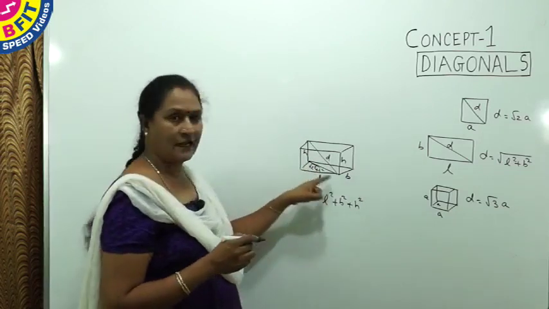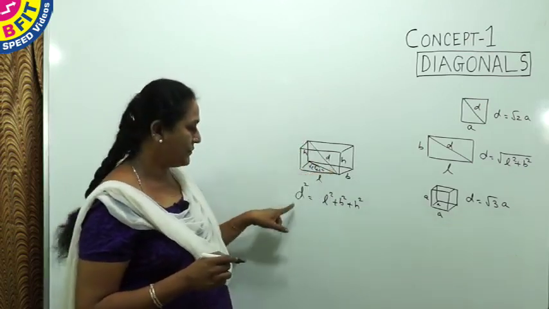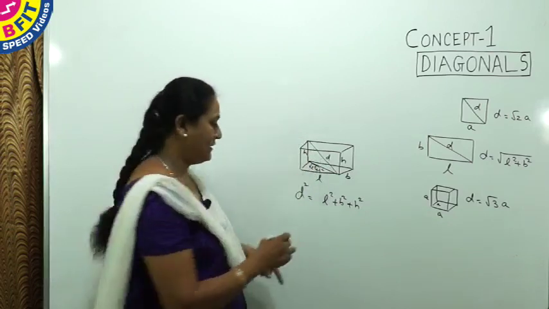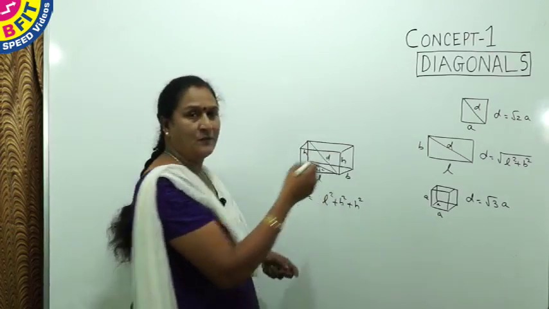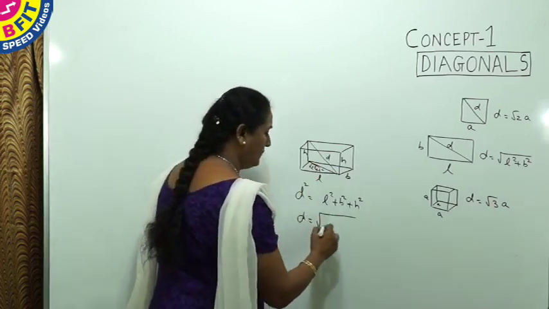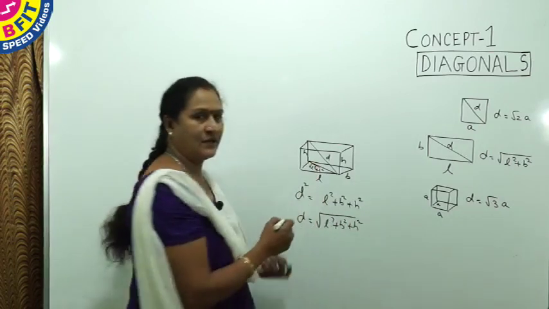So here this is a right angle triangle. By the Pythagoras theorem, the hypotenuse square equals the square of this base and this height. So l square plus b square plus h square. Now what is diagonal of a cuboid? That is root of l square plus b square plus h square.